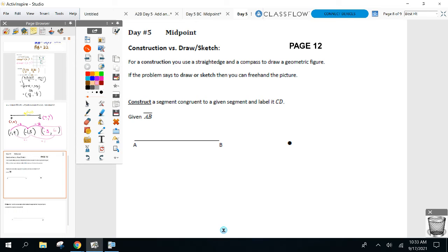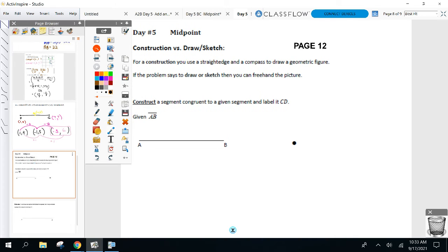Do you see how I started you out with a point here? Your first job is to take your straight edge and make a line segment that is longer than the one we are copying. So everyone take your straight edge, whatever it happens to be. Go over to the one endpoint and make a line segment that is clearly longer than the one you are copying, off to the side.